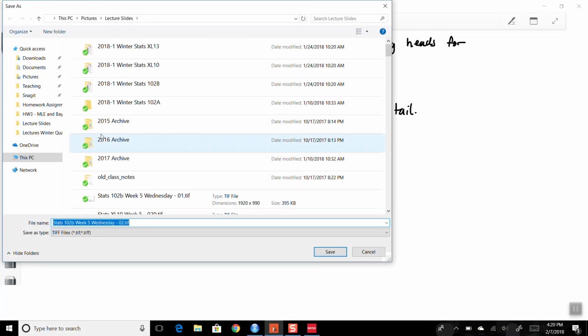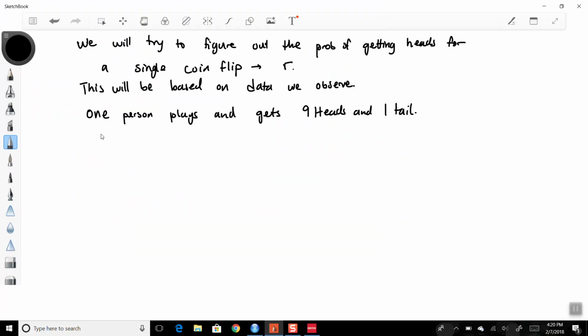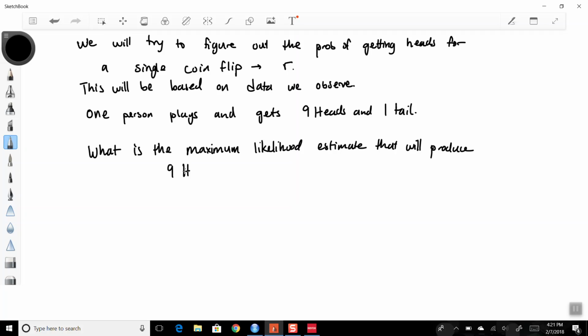And we might say, what is the maximum likelihood estimate that will produce 9 heads and 1 tail in a sequence of 10 flips?